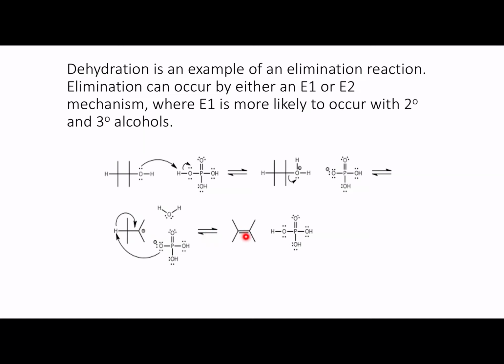We just form the alkene, and the phosphoric acid is regenerated. The function of a catalyst is not to be used up by the reaction; it regenerates at the end. So it has done its catalytic function. Okay, so that is the mechanism.